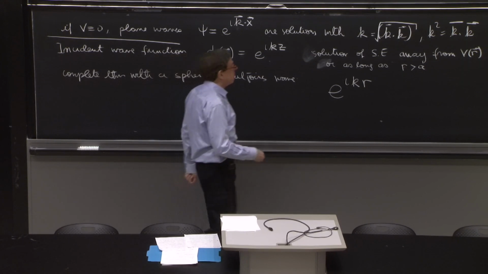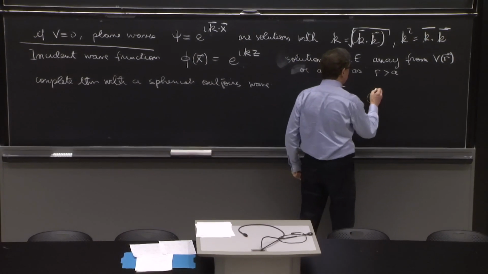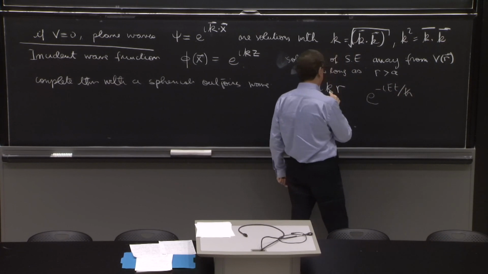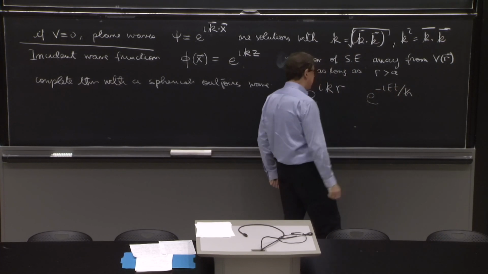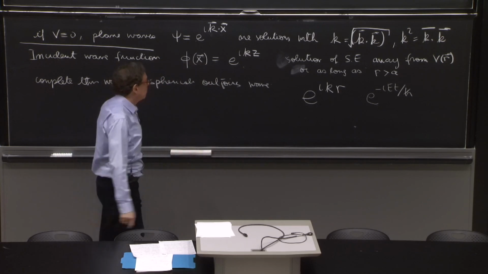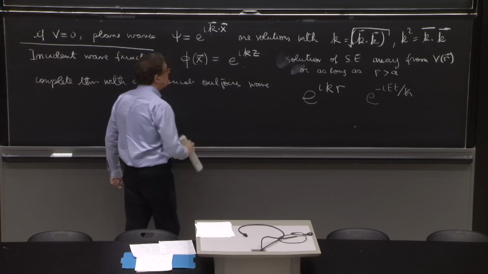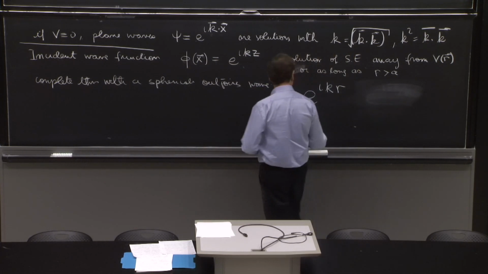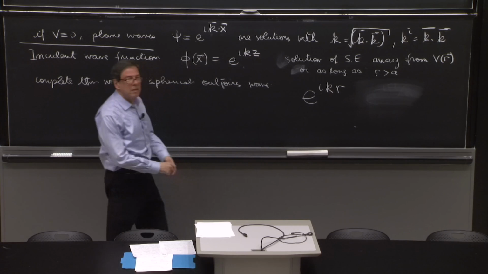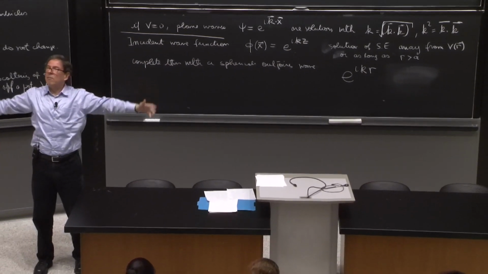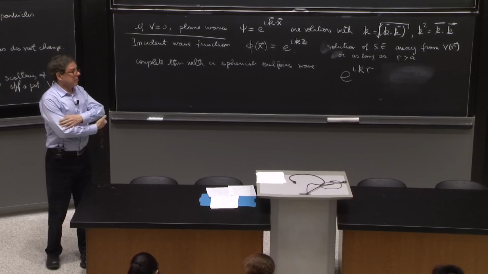If you remember, as usual, you have e to the minus i E t over h bar, so you have kr minus Et, which is a wave that propagates radially out. So maybe this e to the i kr moving out everywhere would be your scattered wave.